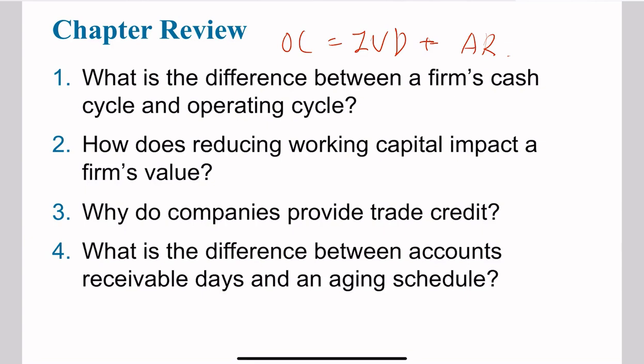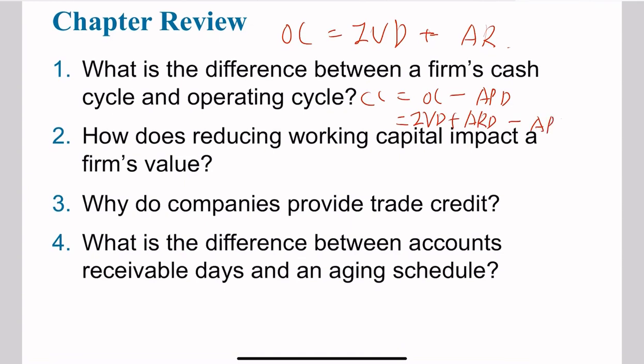So you can see that cash cycle equals operating cycle minus accounts payable days, right? Or you could say cash cycle equals inventory days plus accounts receivable days minus accounts payable days. Now, how does reducing working capital impact a firm's value?